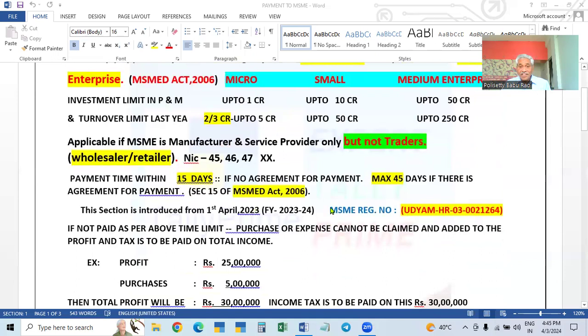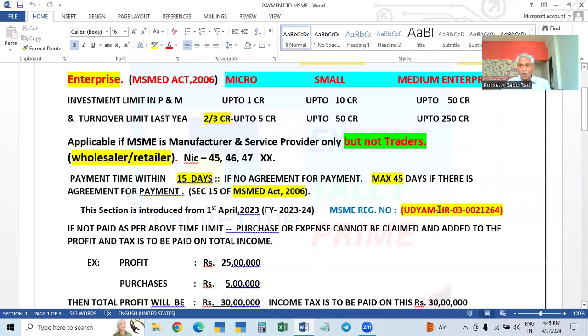The number looks like this. The MSME registration number looks like Udyam dash the state code: TN for Tamil Nadu, AP for Andhra Pradesh, TS for Telangana, like that, 2 letters for the state, and the next 2 numerical digits indicate the month in which it is registered, and then there are 7 digits, which are called the actual number.